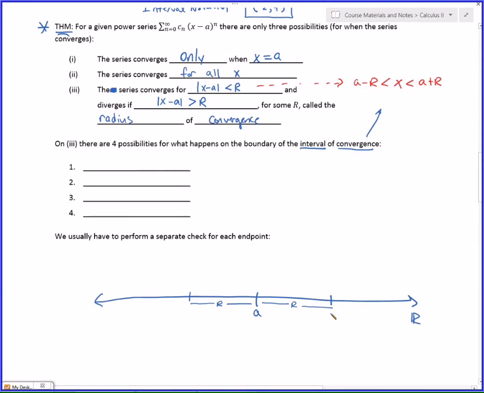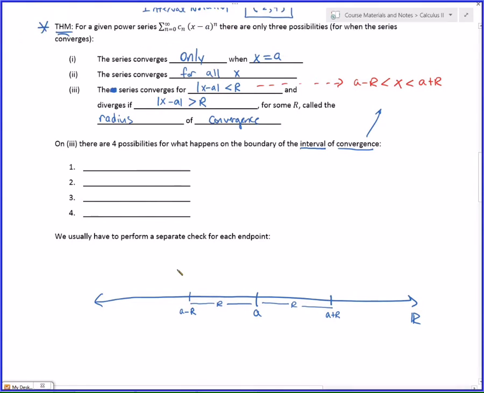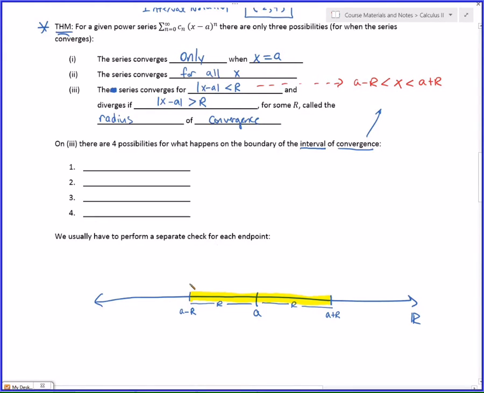Which makes this point right here A plus R, and this point over here A minus R. And you can do this by just shading it, but inside here, we're saying it converges.